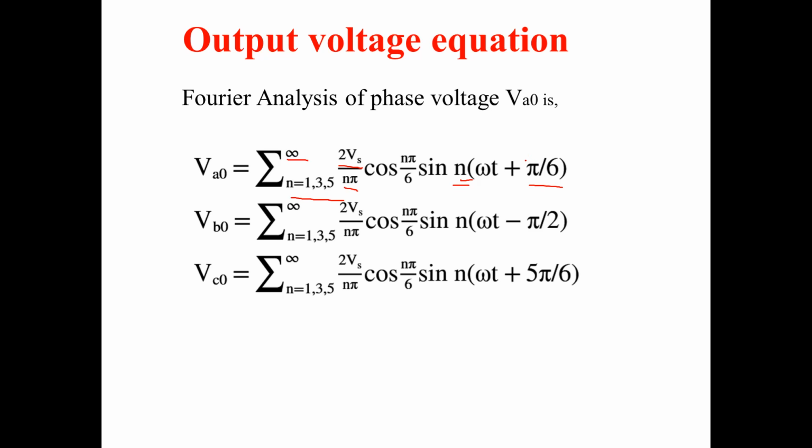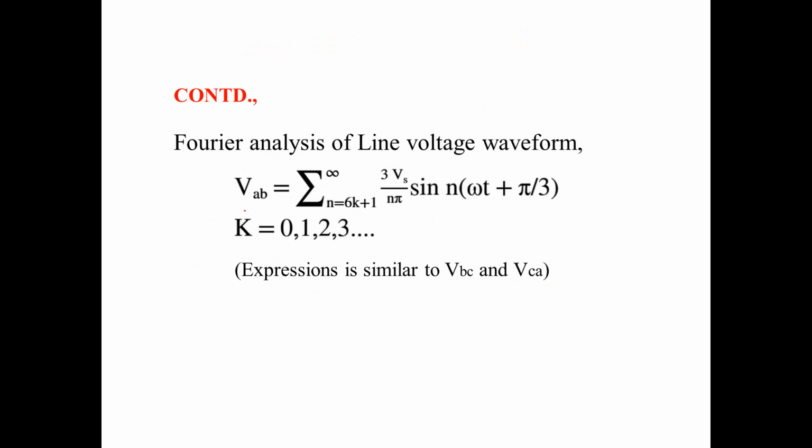So pi by 6 is 30 degrees. And VB naught will be the same, only the difference is minus pi by 2. Similarly, VC naught will be the same, plus 5 pi by 6. So this is how to calculate the output voltage equation.